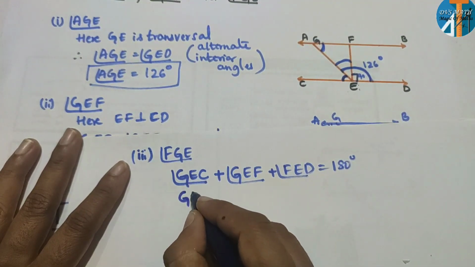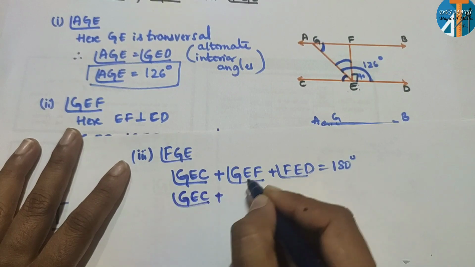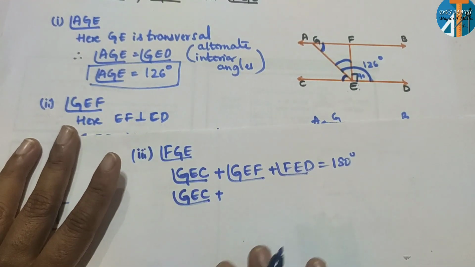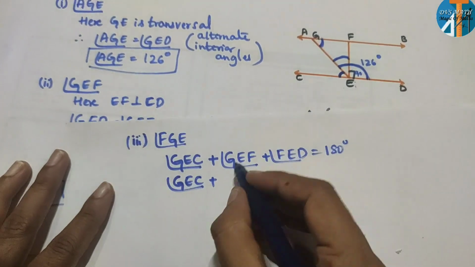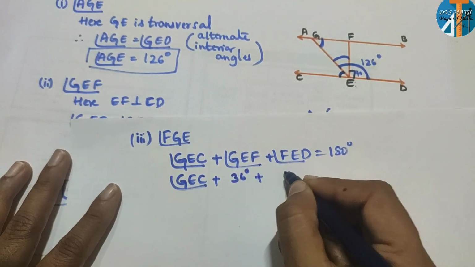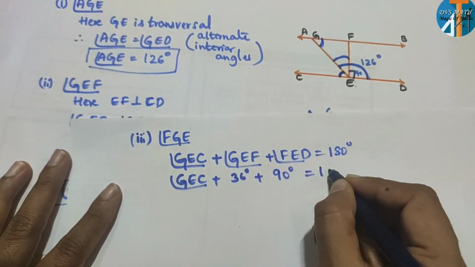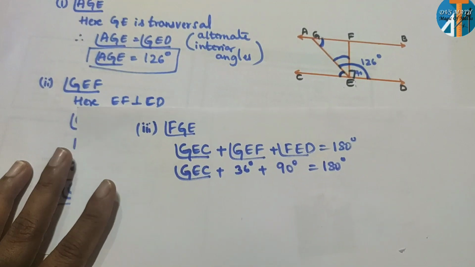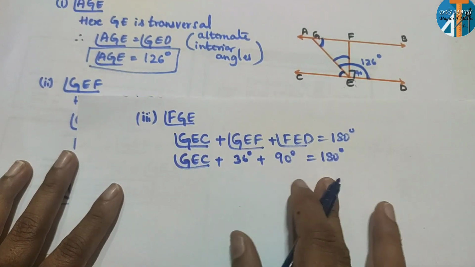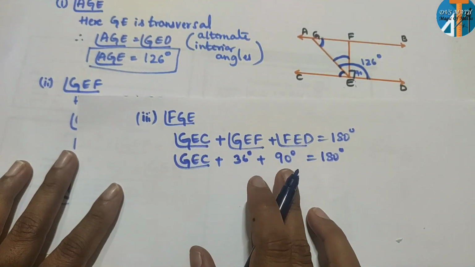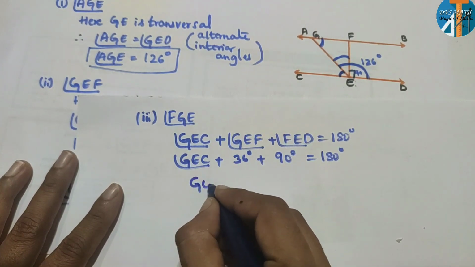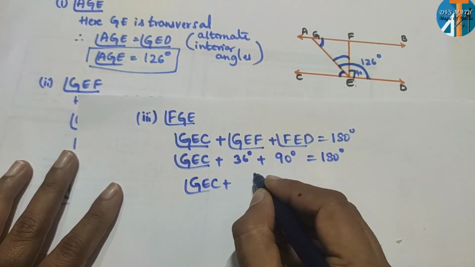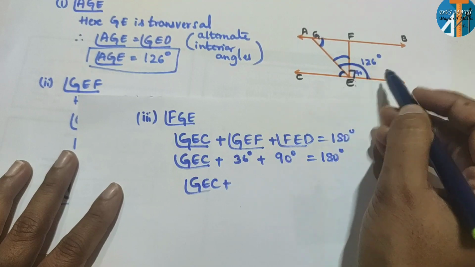Now we don't know GEC. Let us keep it as it is. What is GEF? We got it now, right? That is 36 degrees. FED is 90 degrees, and the sum is equal to 180 degrees. If we add these two, again we get 126 only. So instead of taking these two again, you can subtract this 126.